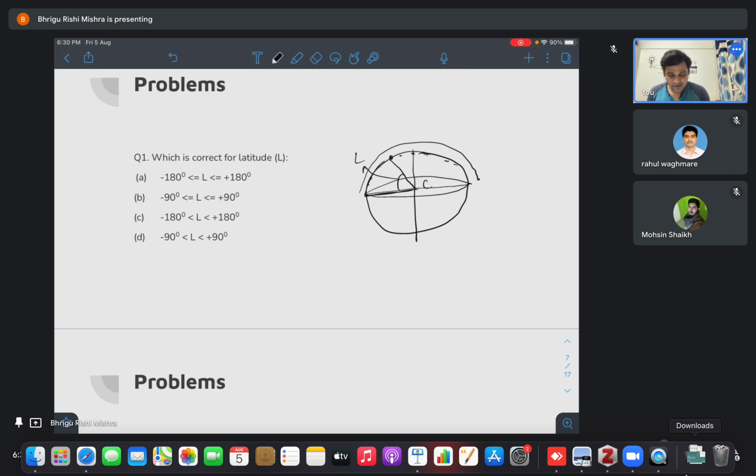So clearly latitude is 0 to 90 in this half, and minus 90 to 0 in this half, similarly for the southern hemisphere. So latitude varies from minus 90 to plus 90 degrees.